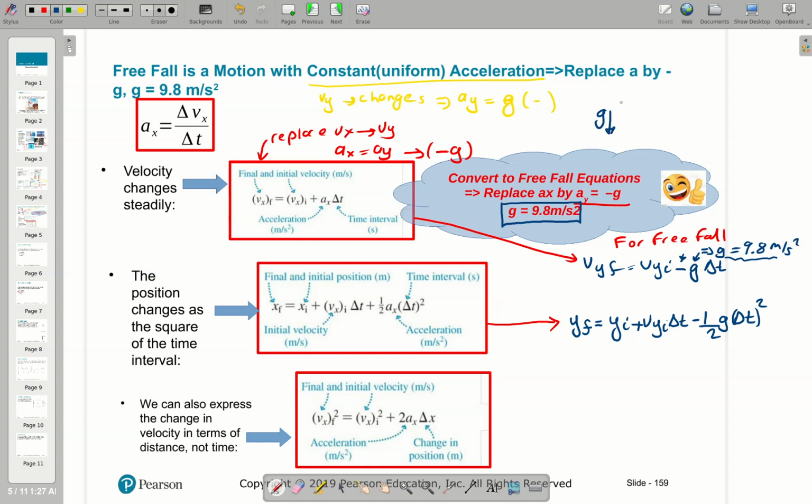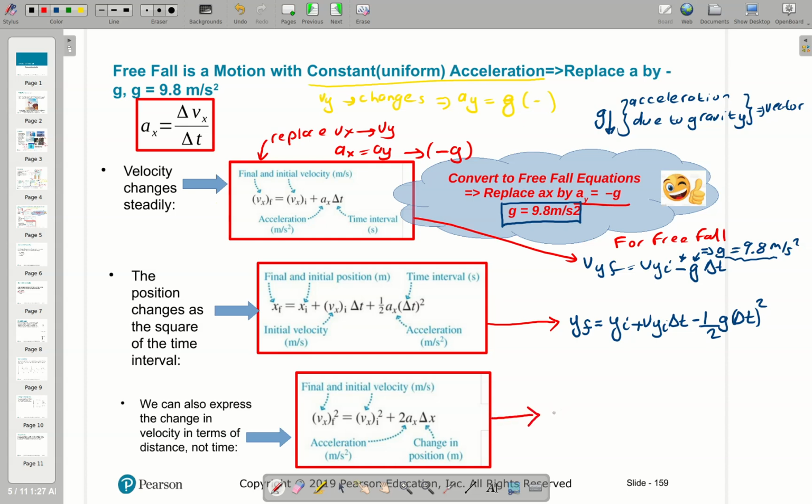Notice g is an acceleration due to gravity. So acceleration is a vector. It is a vector. Thus, the negativity means the direction. Magnitude is 9.8.